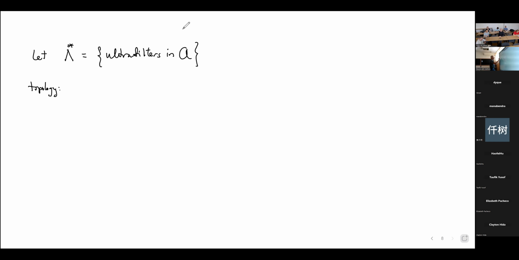It's sort of the obvious thing once you sort through all of this stuff. If you take a set capital A in this ring A, I'm going to denote by A hat all ultrafilters that contain it.